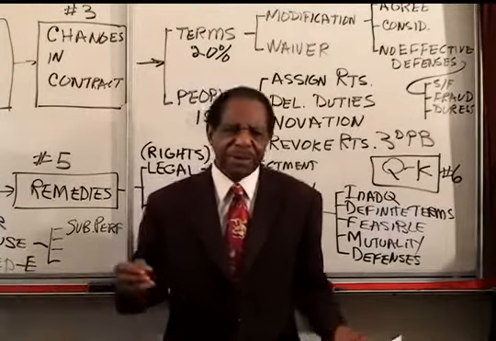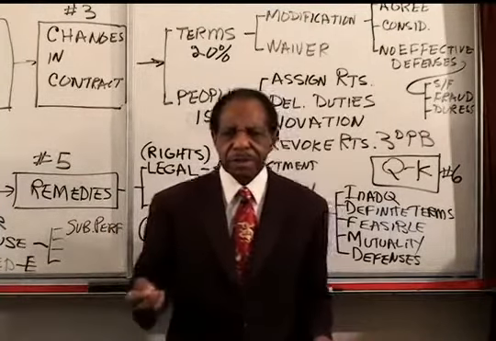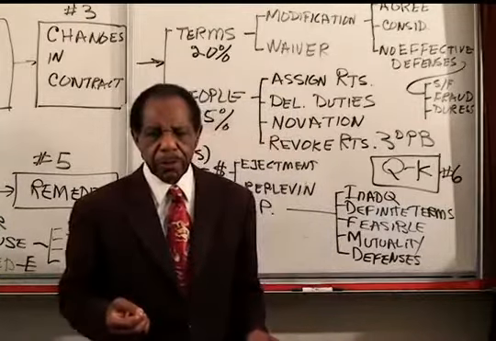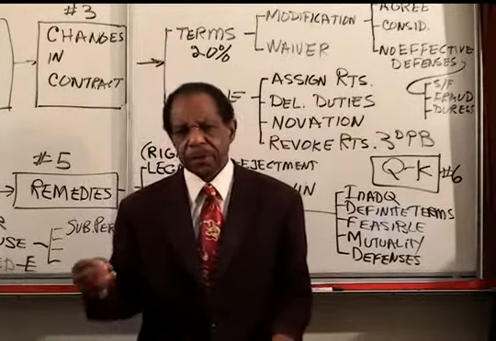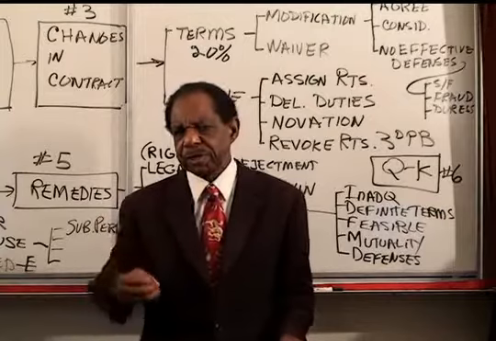We often talk about the party to be charged, and that's a little confusing. So you need a writing if you're going to have a contract for the sale of goods for $500 or more.